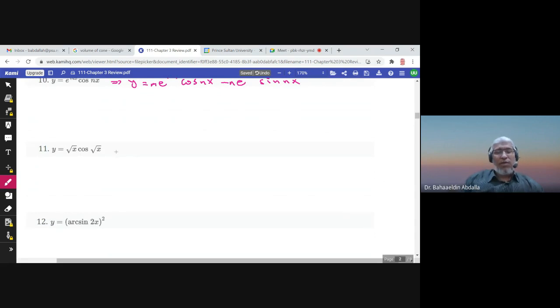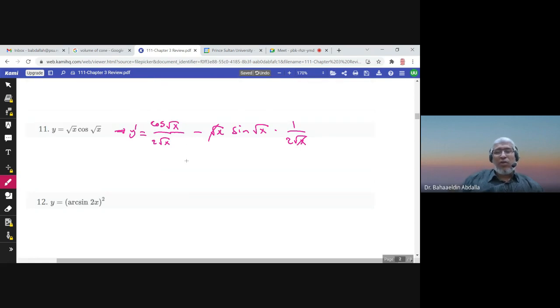This is a product. The derivative of square root of x is 1 over 2 square root of x times the second function, which is cosine square root of x, plus square root of x times the derivative of cosine, which is negative sine square root of x times 1 over 2 square root of x.